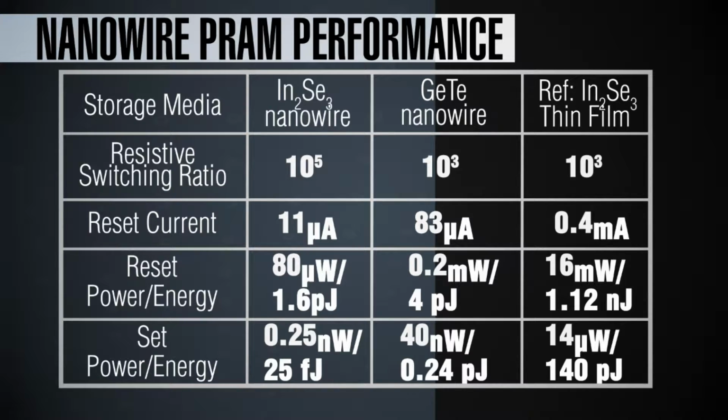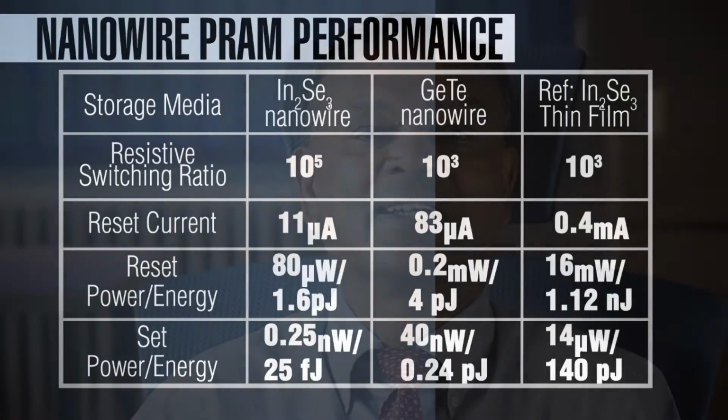Whereas when you use indium selenide in the nanowire form, the programming current goes down to as small as 11 microamp. So the projection now is that it's possible to make nanowires as small as about 10 nanometer diameter and then achieve programming current as low as 1 microamp or even smaller.